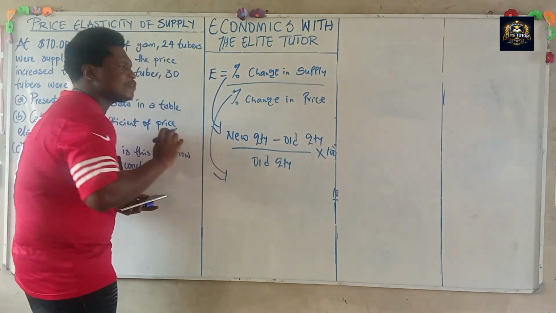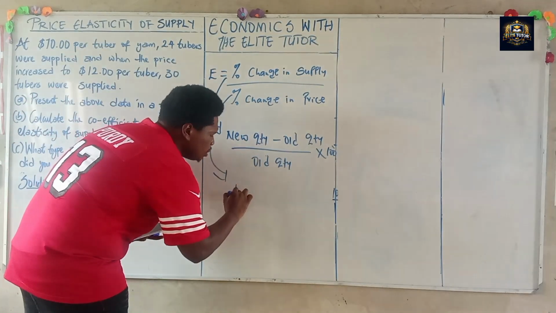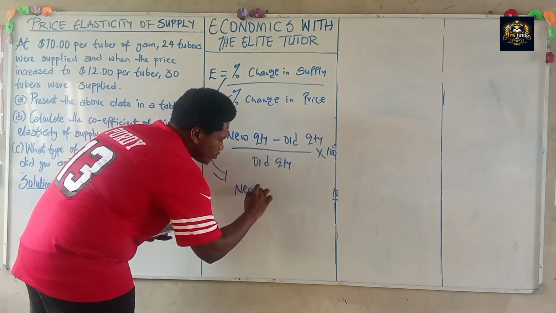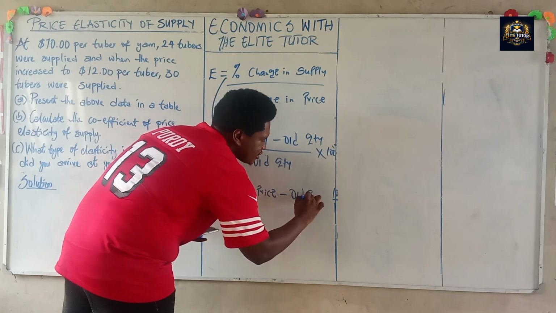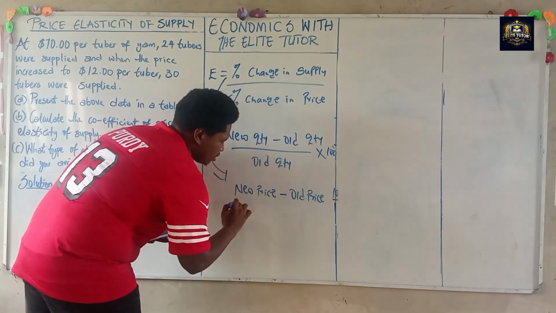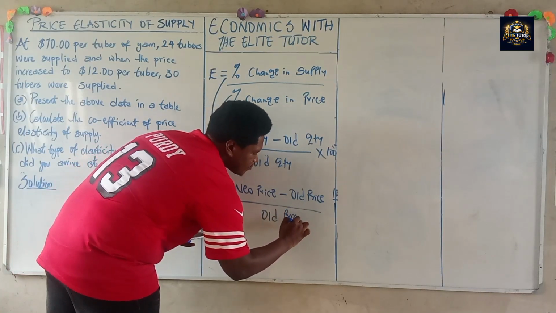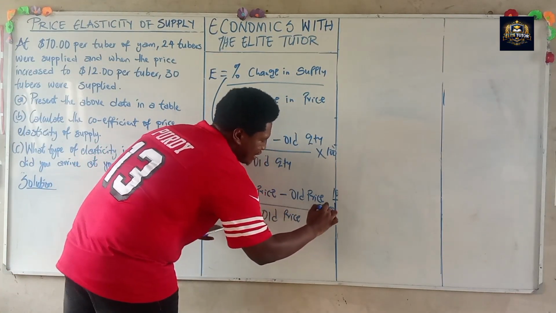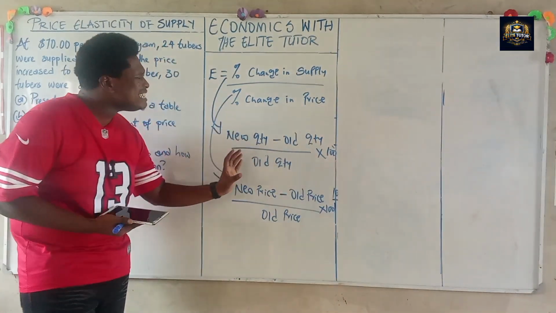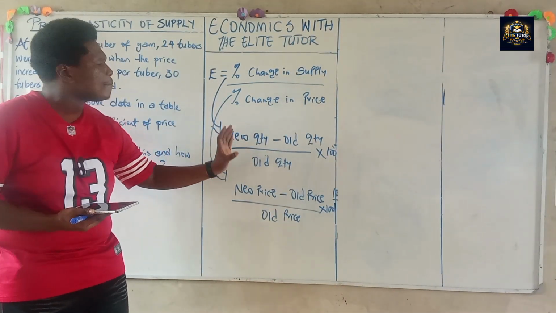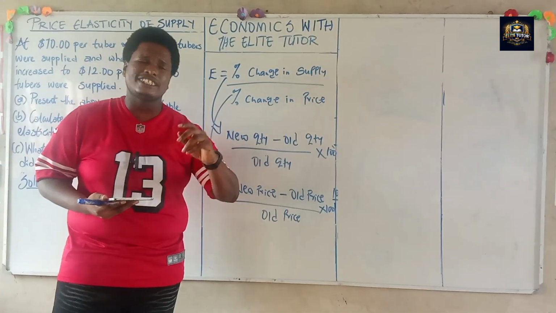And the formula for solving our percentage change in price is our new price minus old price, divided by old price, multiplied by 100. This is the formula that is going to help us solve any question involving elasticity of supply.